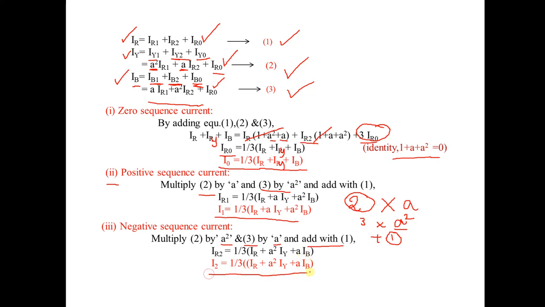So the negative sequence I2 is 1/3 of IR plus A square IY plus A IB. This is the formula to find the different phase sequence currents. Here I1, I2, I0 are the symmetrical components of R phase, and the symmetrical components for Y and B can be easily identified.